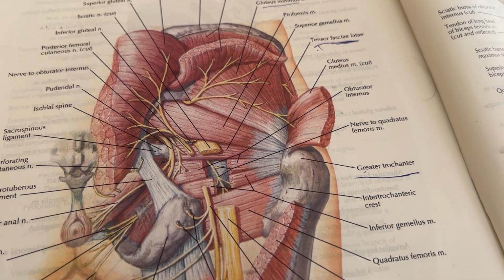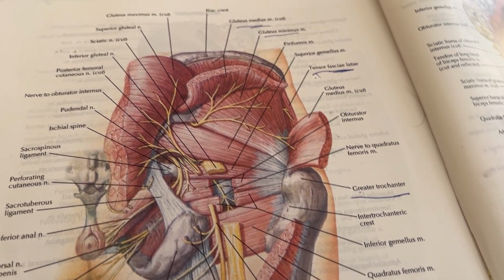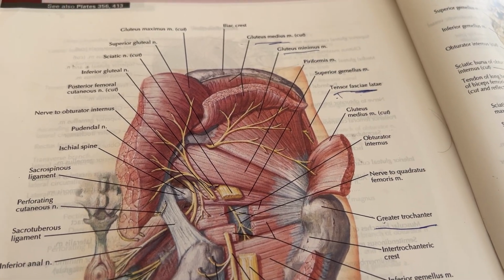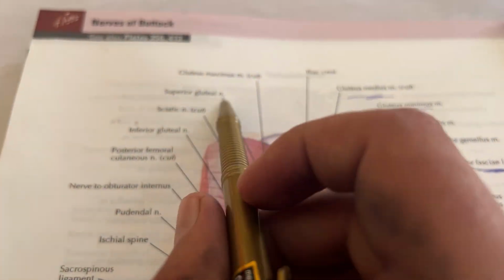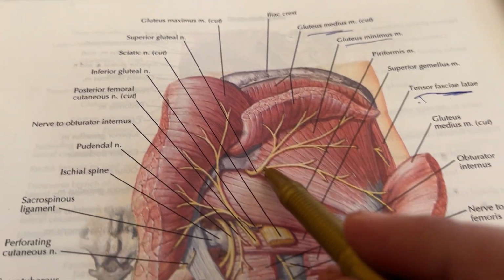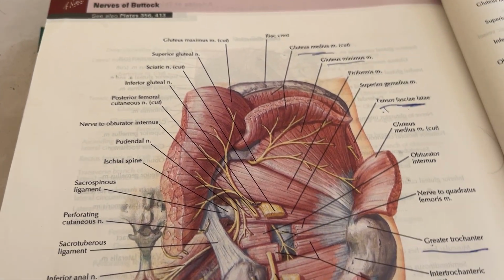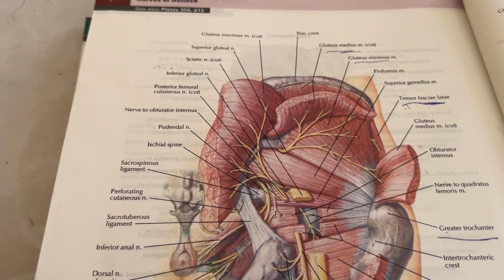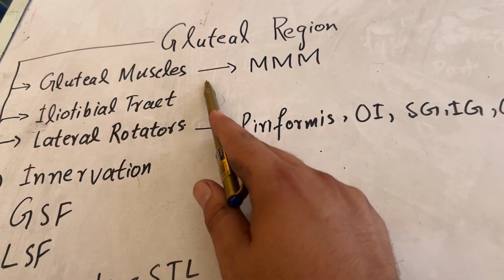They are innervated by the superior gluteal nerve. You can see this is the superior gluteal nerve. So we have talked about the iliotibial tract and the gluteal muscles.